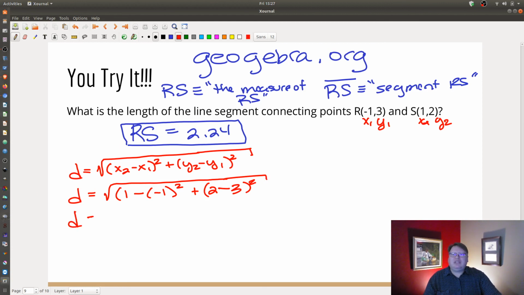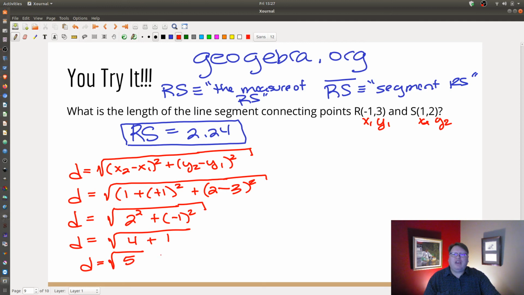So my distance is equal to the square root of 1 minus a negative 1 is 1 plus 1 is 2 squared, and 2 minus 3 is negative 1 squared. So basically I get d is equal to the square root of 2 squared is 4, negative 1 squared is 1. So I get d is equal to the square root of 5.